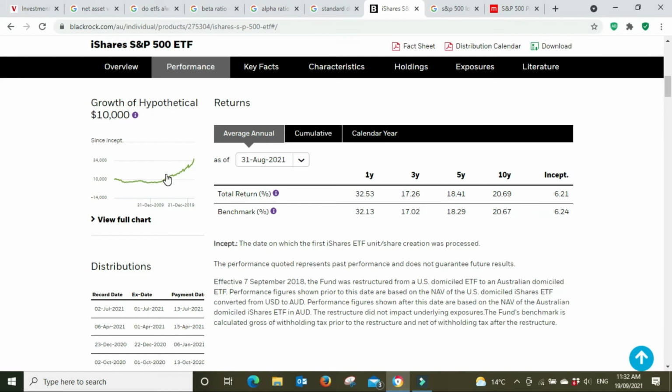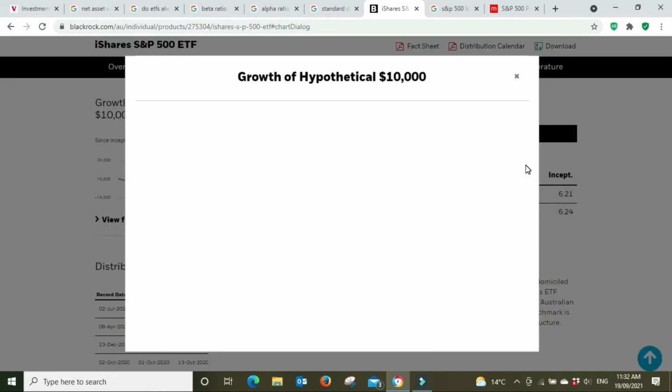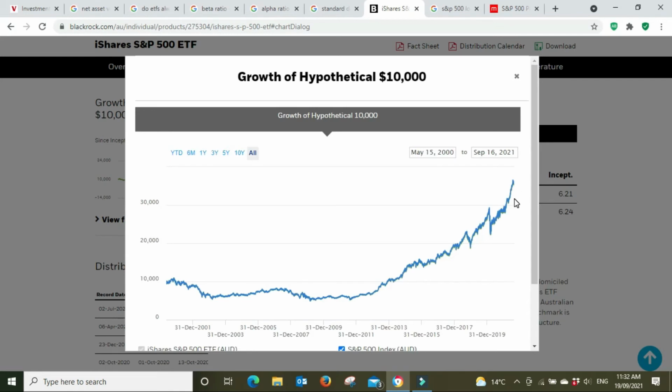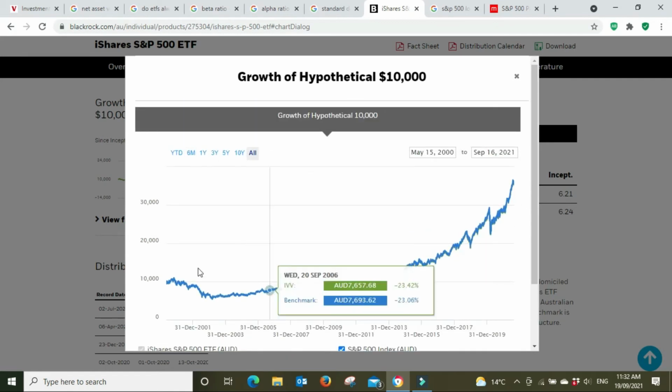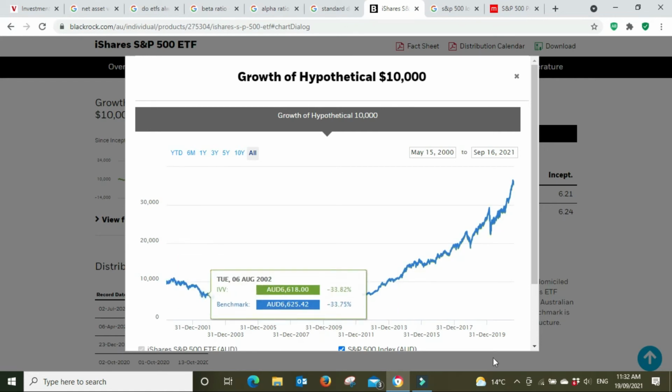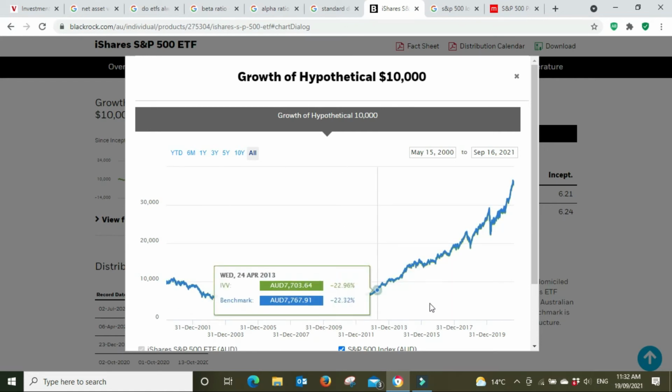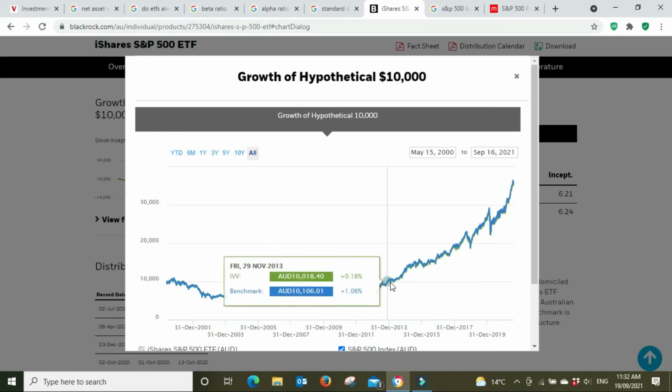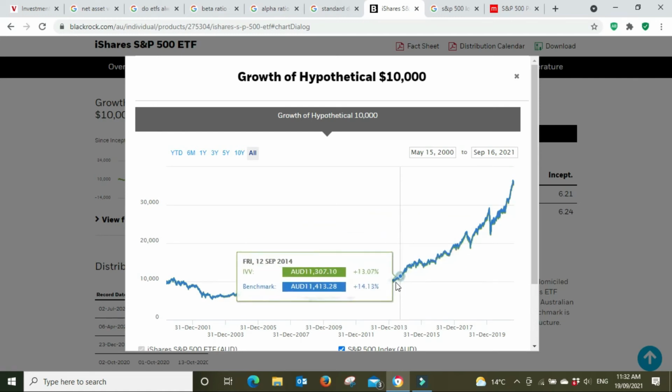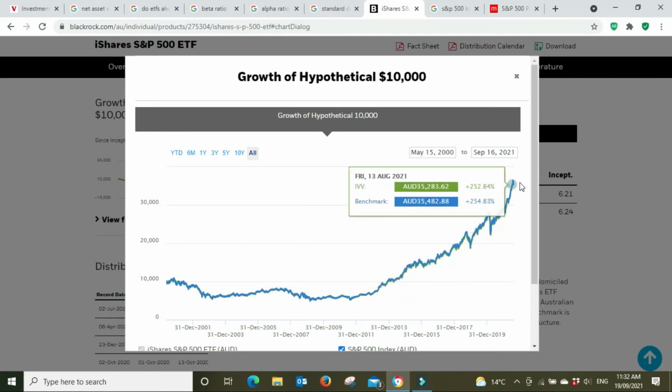We've got some charts here. You can also open this up and change the timeline to see how it's gone over a particular period. So this is, if it started at 10 grand, you can see it's gone down for a while, and then it really sort of took off around 2013 onwards. It really took off.